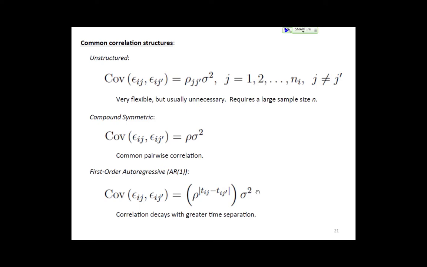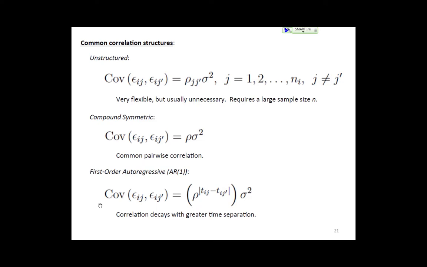So my blood pressure right now would be highly correlated with my blood pressure 5 minutes from now, but maybe not so correlated with my blood pressure next week. So if you were wanting to have some kind of tailing off effect of the correlation, this last one is a good choice. It's called AR1, or first order autoregressive.